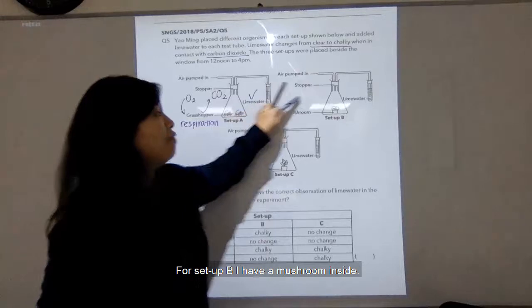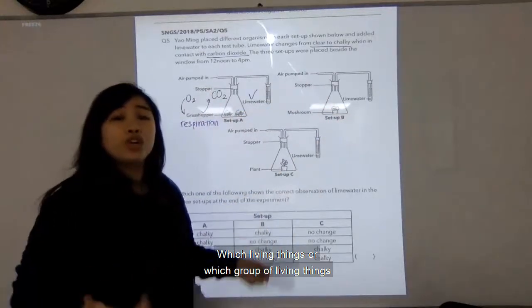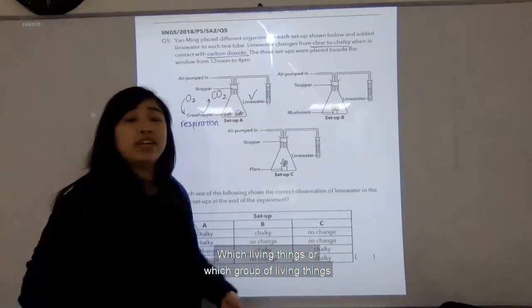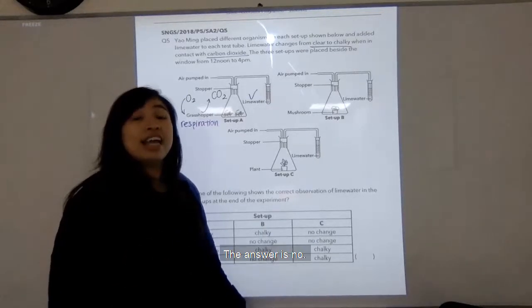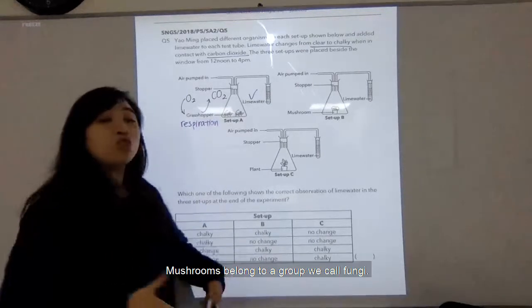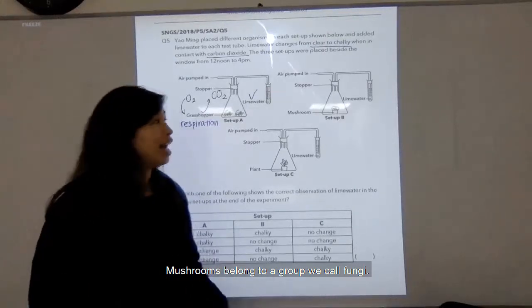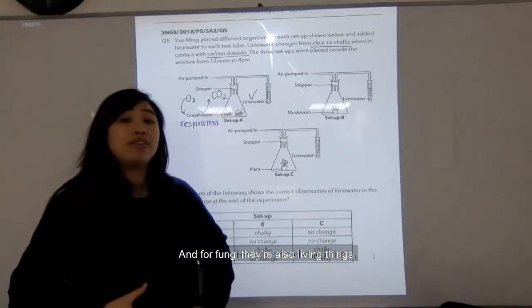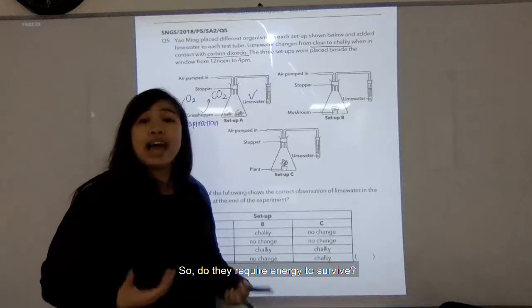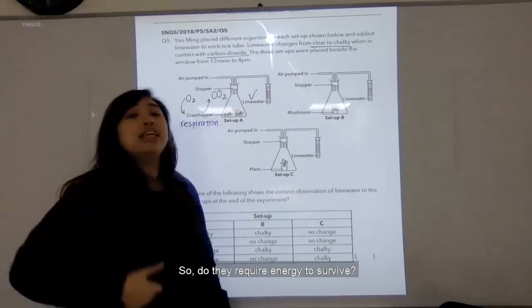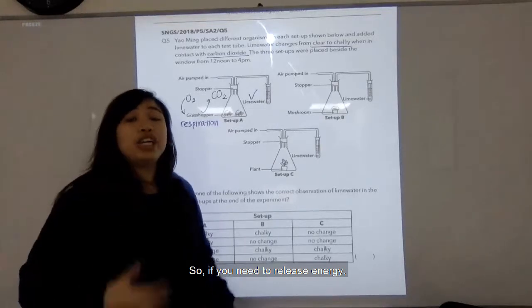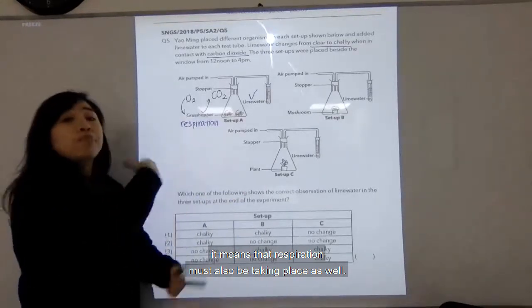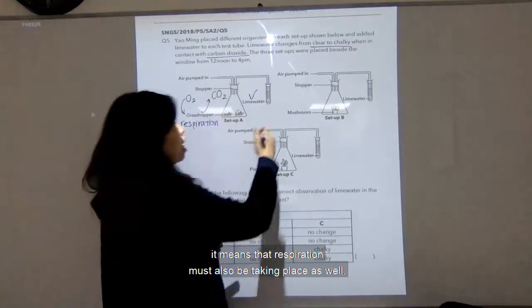Now let's take a look at setup B. For setup B, I have a mushroom inside. Which group of living things do mushrooms belong to? Are they plants? The answer is no. Mushrooms belong to a group we call fungi. And for fungi, they are also living things. So do they require energy to survive? The answer is yes. So if they need to release energy, it means that respiration must also be taking place as well.